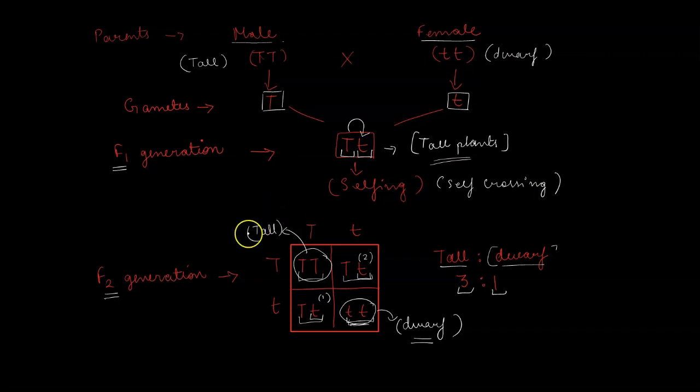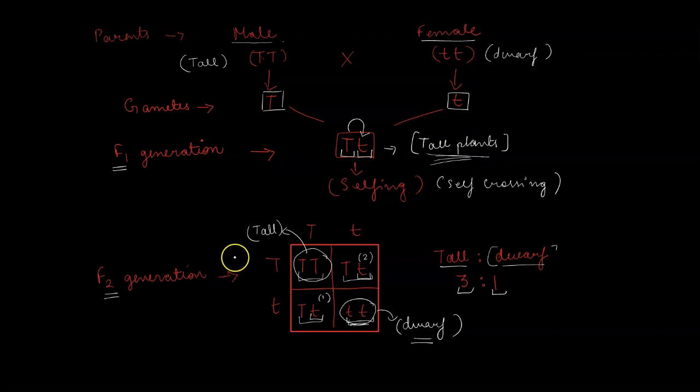With the help of this example, we have understood that in dissimilar pair of factors, as is seen in F1 generation, one of the members, that is capital T, is dominating over the other, and hence showing the character that all plants are tall.